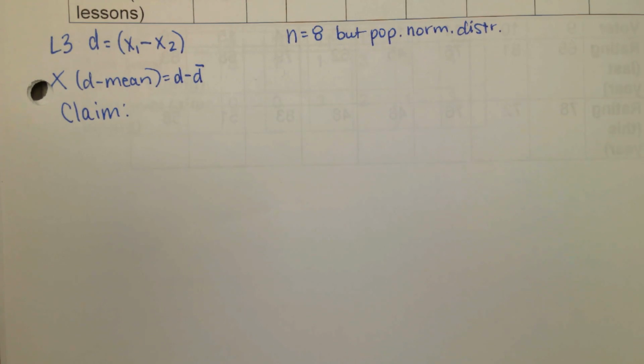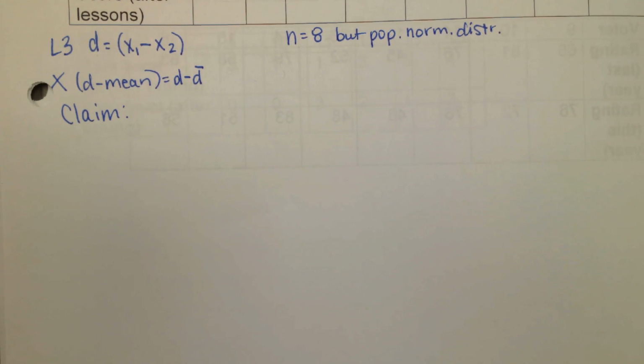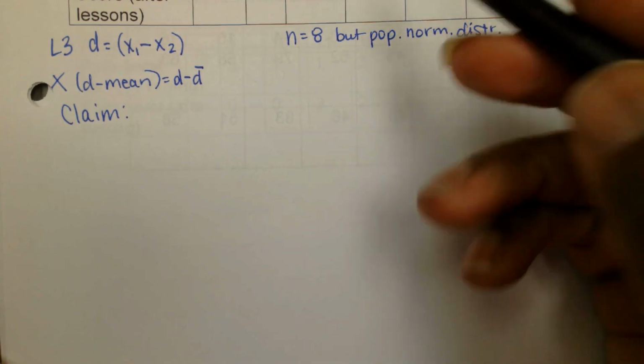In golf, increasing your score means that your score is going to actually decrease. So they're looking to see if the first score is greater than the second, because we're looking to see if the score went down. The claim is that the first score is greater than the second.